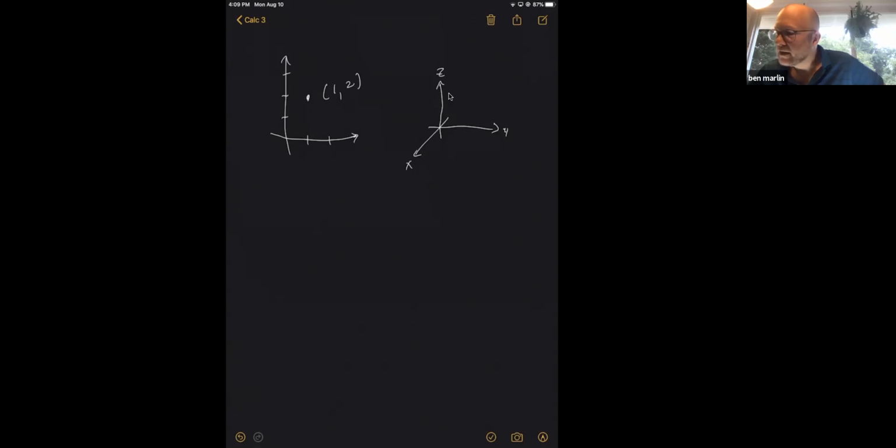If we again think about an X coordinate of 1 and a Y coordinate of 2, we'd have a point here maybe of being (1, 2, 0), but we could go up 3 units from that and have something that would be (1, 2, 3). Okay.